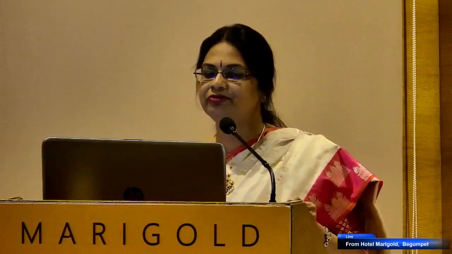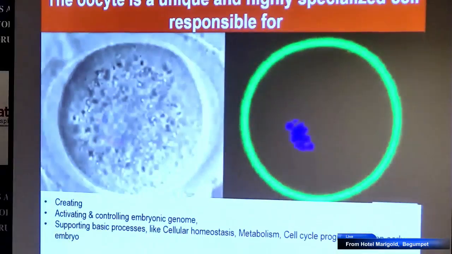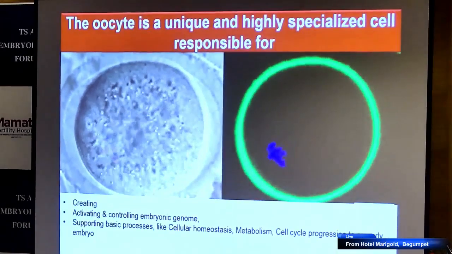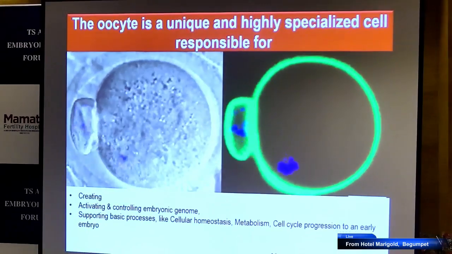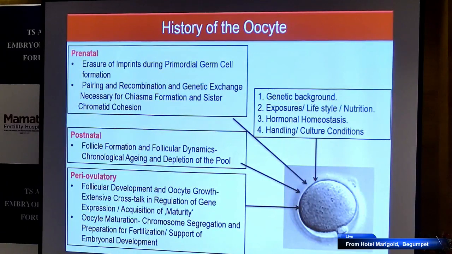So the oocyte, when we start off, is a unique and highly specialized cell responsible for creating, activating, and controlling the embryonic genome, supporting basic processes like cellular homeostasis, metabolism, and cell cycle progression to the early embryo stage. Now, it has a long history.